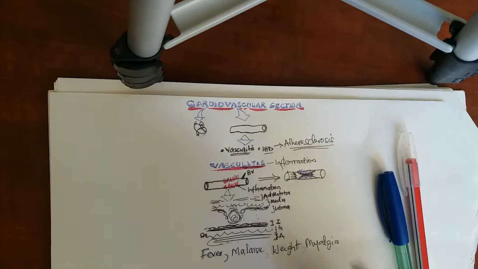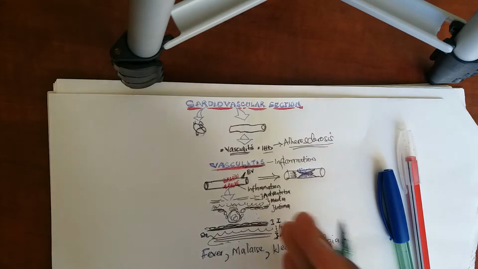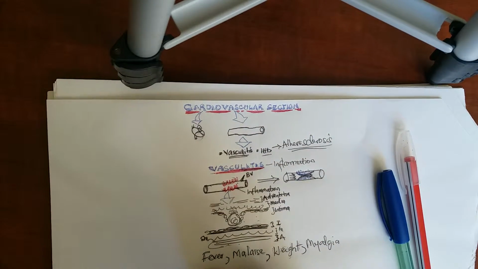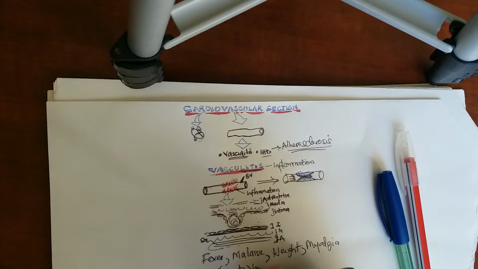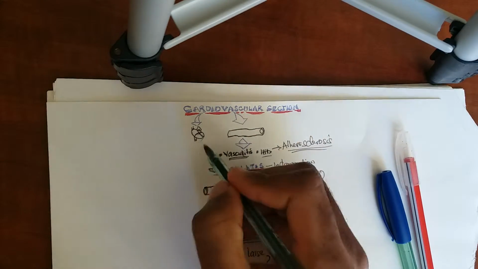Now, then you go into specific symptoms. Why would you go into specific symptoms? Because different vasculitis affect different vascular beds. Examples, let's say Kawasaki. Kawasaki is one of the vasculitis that likes to affect the heart.